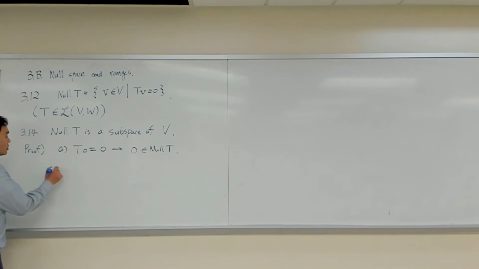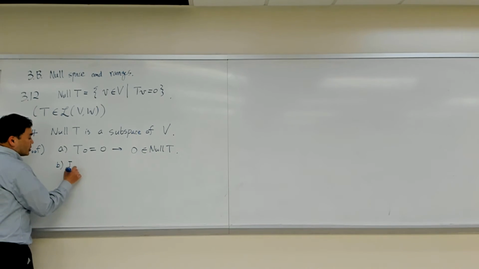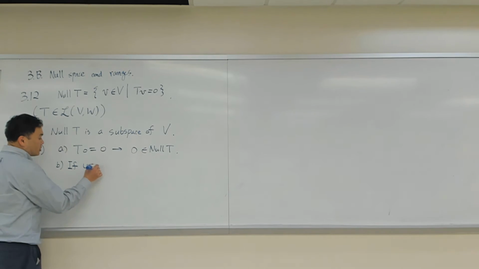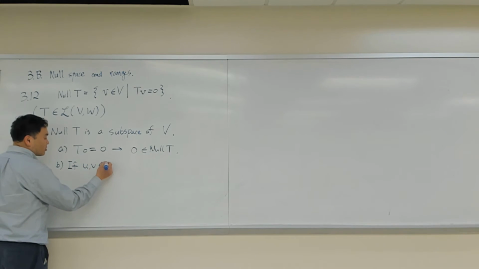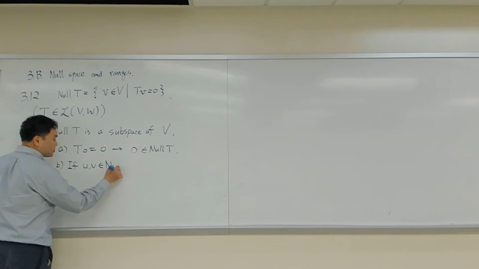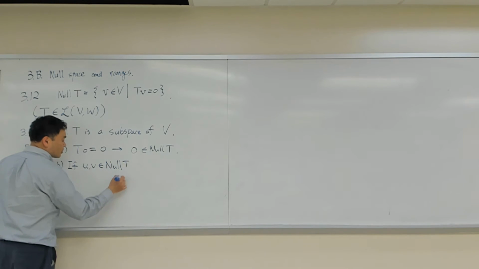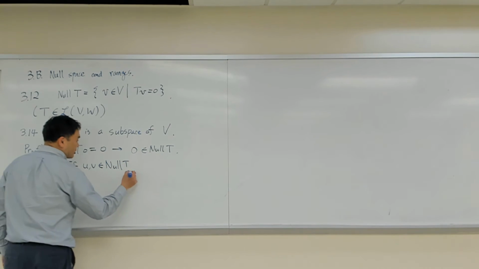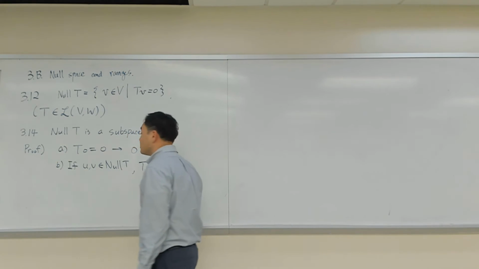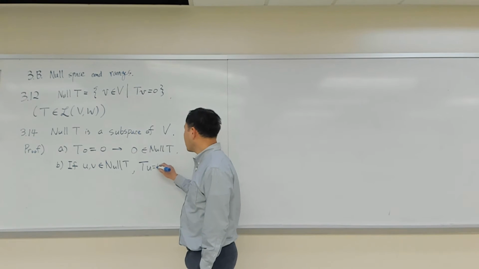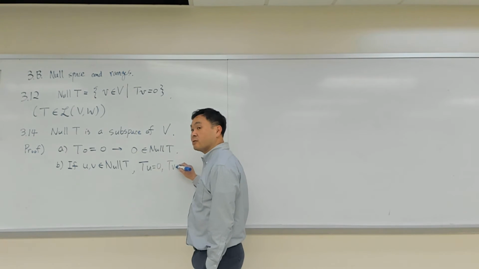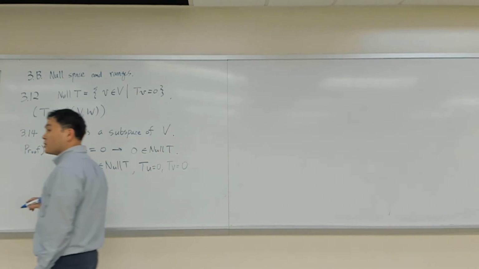Okay. B, if U, V are 2 vectors in the null space, what does that mean? That means T of U is 0, T of V is 0. And what do I want to prove?